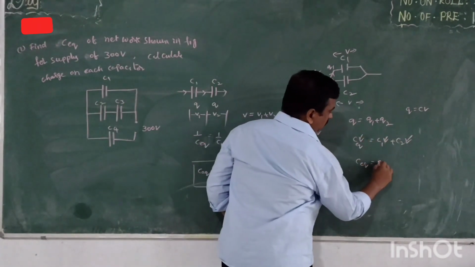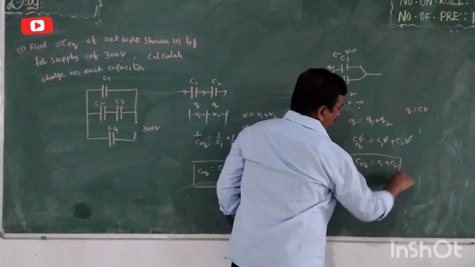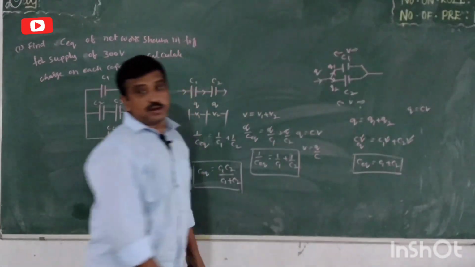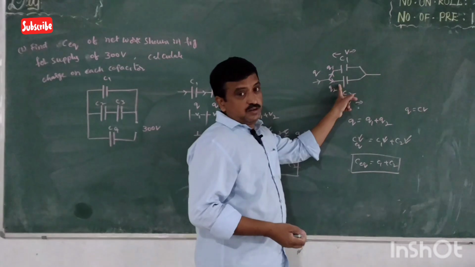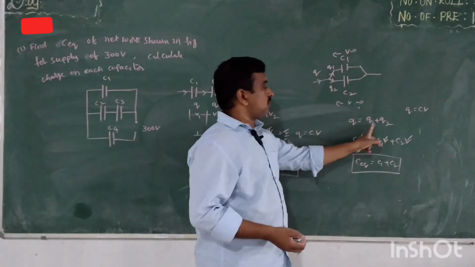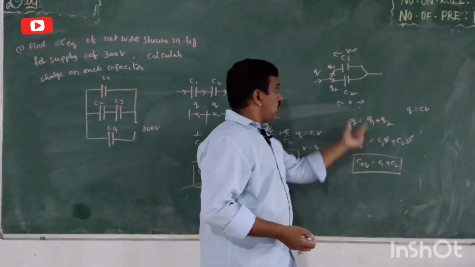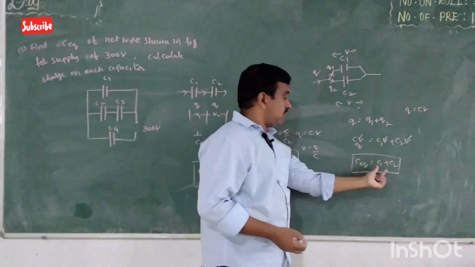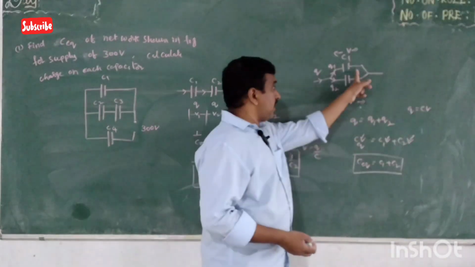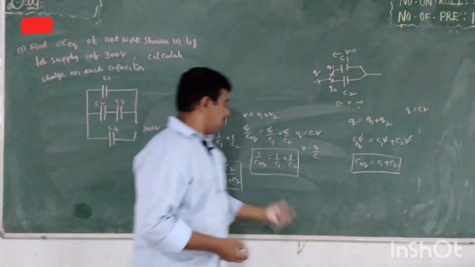C equivalent equals C1 plus C2. When capacitors are connected in parallel, potential is the same, charge is divided, and total charge equals the sum of the charges. So the equivalent capacitance is the sum of the capacitances. Parallel connection, just added.